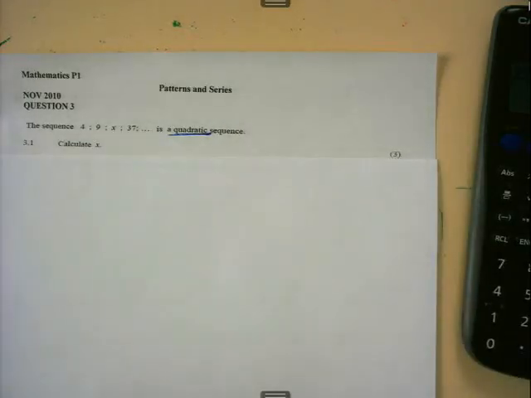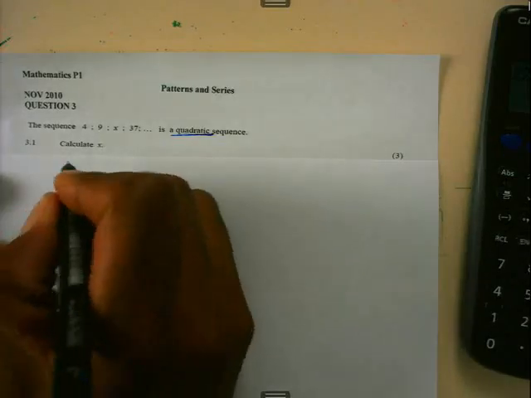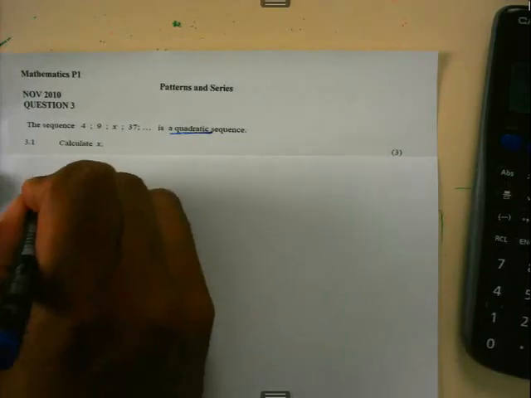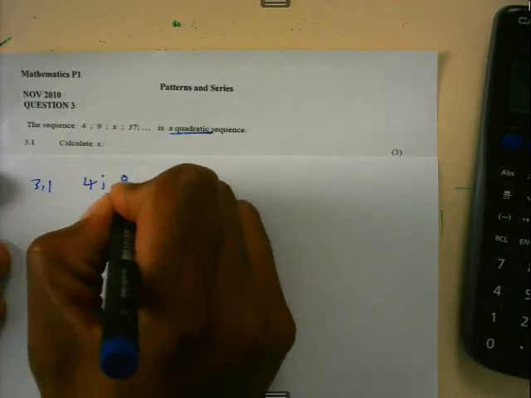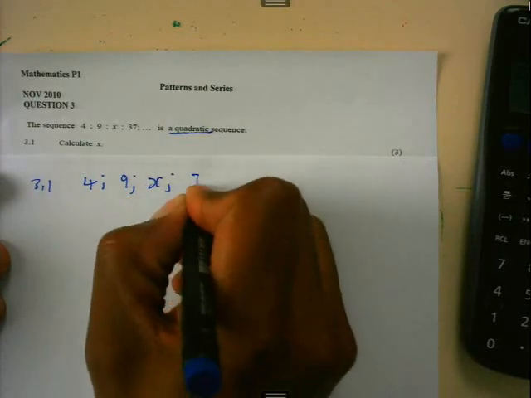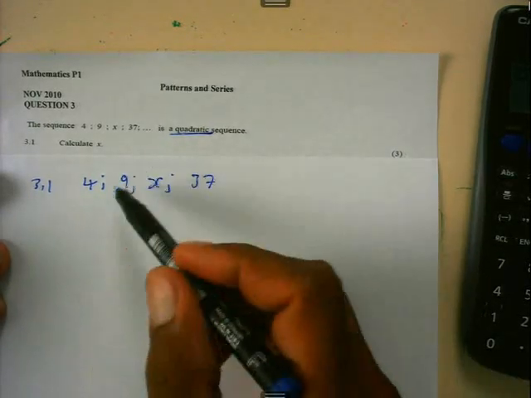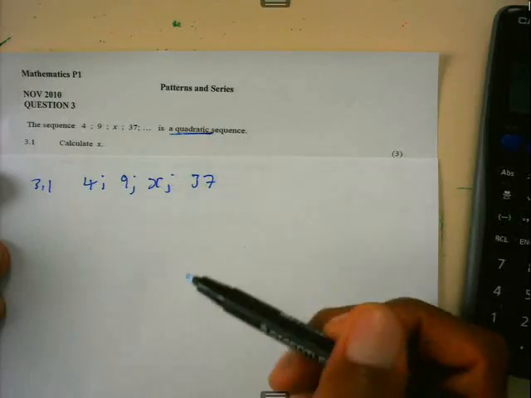To know that the sequence is quadratic is very important because it is going to make our work very easy. Why? Because in a quadratic, the second difference is the same. Then you'll agree with me that we need to take the sequence 4, 9, x, 37. We have term 1, term 2, term 3, term 4.